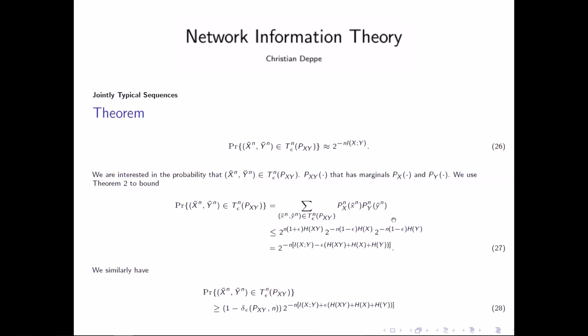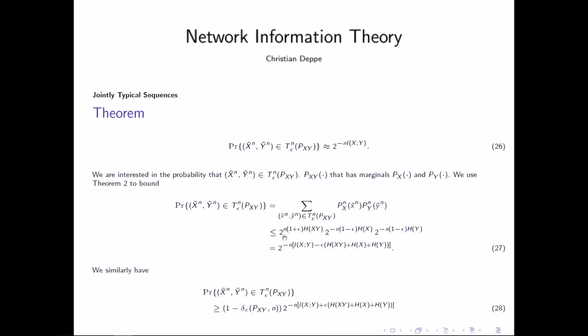So we know that this here is always constant, so it's always the same. We can estimate it by the same value. And therefore we can estimate this sum by the cardinality of the typical set. Here we consider XY as a random variable Z and can use our estimate for the usual letter typical sets.